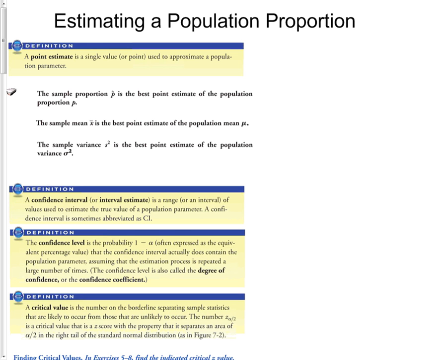Because that's not really a feasible thing to do, I would get a sample of men, a representative sample that would represent pretty much all men in the world, and I would find the mean of that sample, and I would use that sample mean to estimate the population mean. Now, let's say I get an average age from that sample of, I don't know, 35 years of age, right?